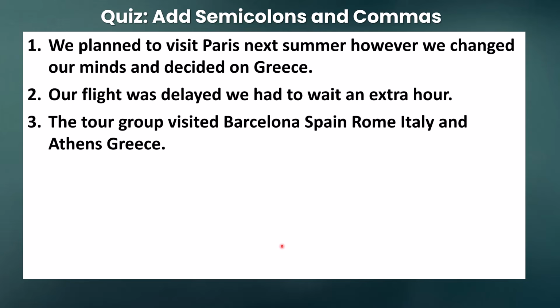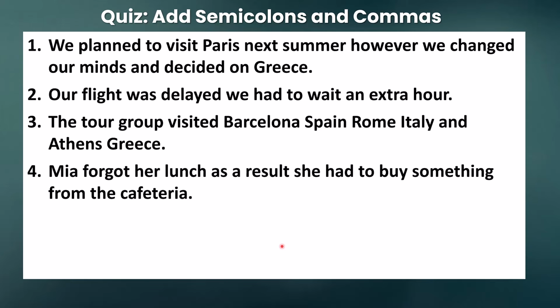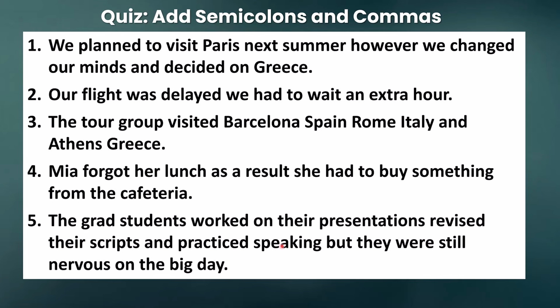Number 3. The tour group visited Barcelona, Spain, Rome, Italy, and Athens, Greece. Number 4. Mia forgot her lunch. As a result, she had to buy something from the cafeteria. Number 5. The grad students worked on their presentations, revised their scripts, and practiced speaking, but they were still nervous on the big day.